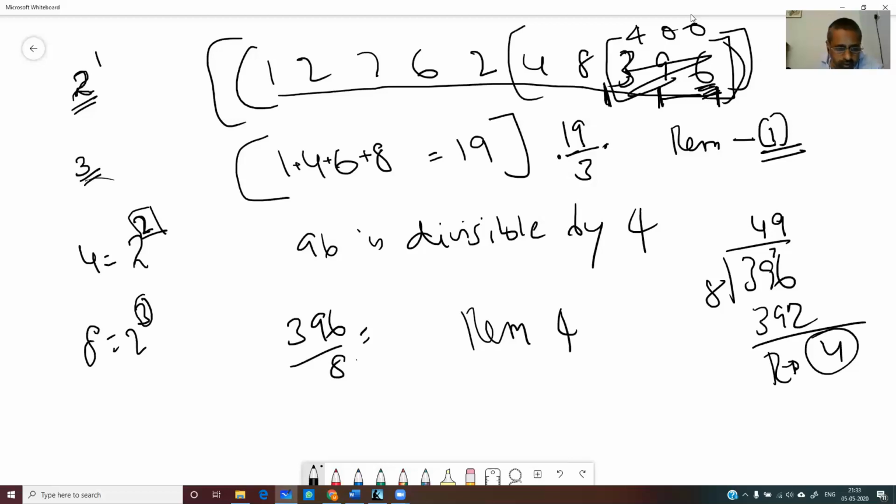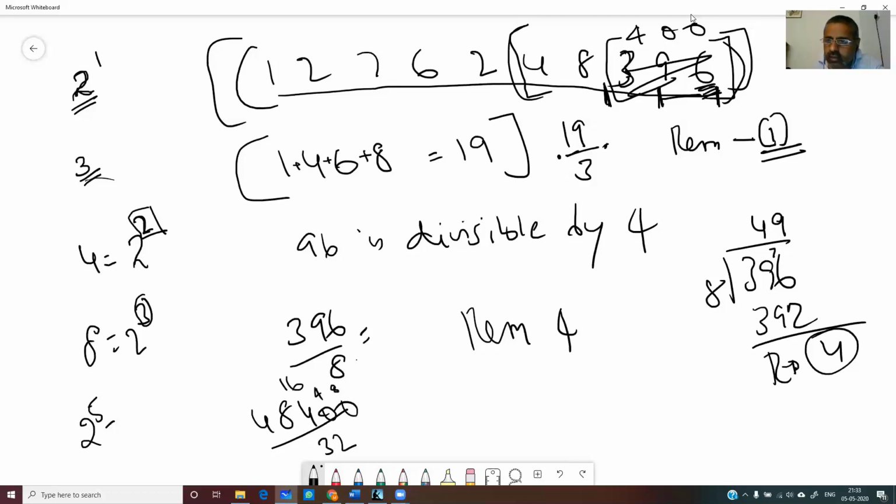32 is 2 raised to 5, which means I need to take the last 5 digits. What are the last 5 digits? 48400. I need to divide that by 32. 32 into 5 is 160.